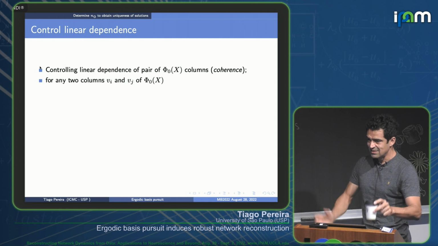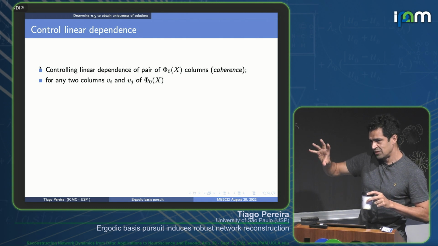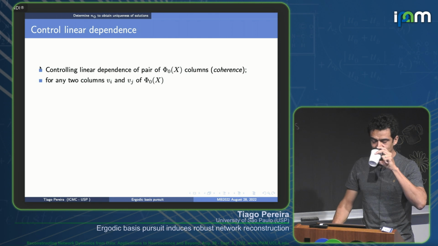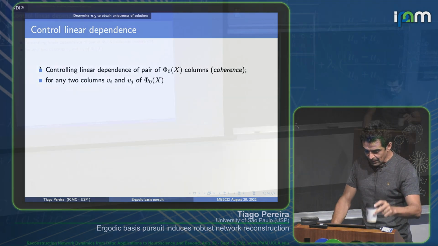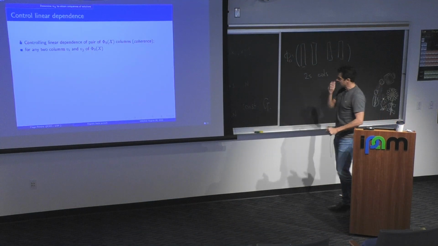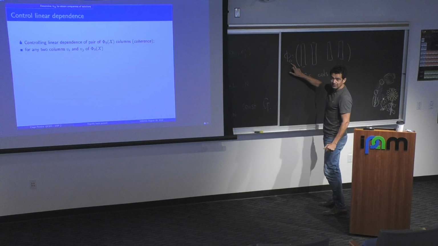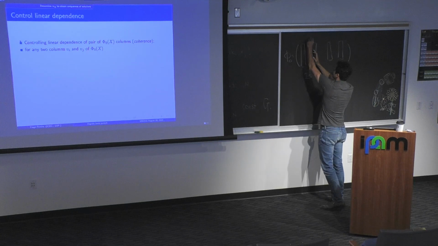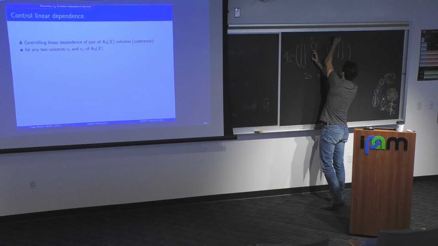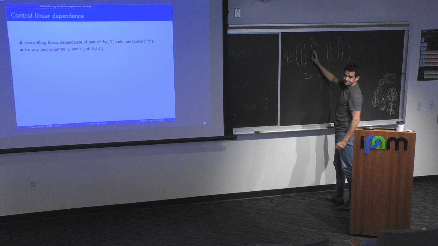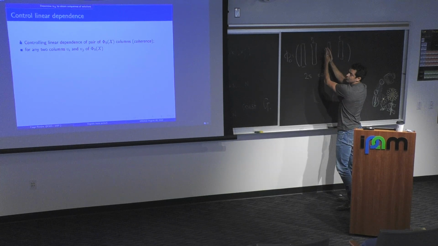Okay, so let's start now the construction. This change of basis, what's the idea? I had this matrix phi. I take any two columns of this matrix phi. I will call them Vi and Vj, any two. And then I take the inner product between them.